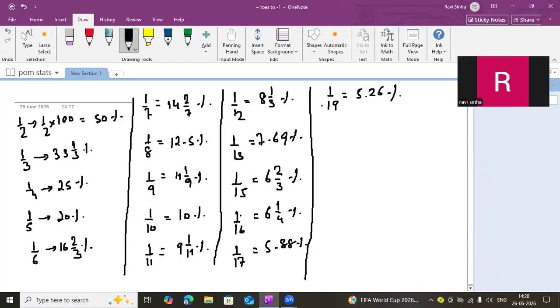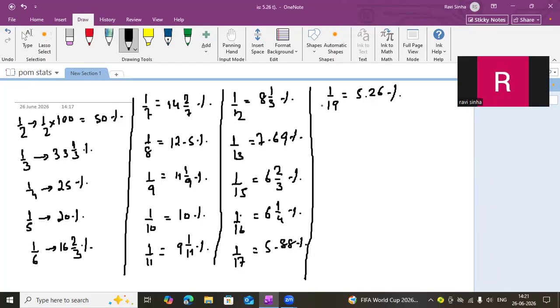So what we need to understand is we need to memorize these fractions converted into percentages. These are not many values, there are just 10 to 15 values which we need to memorize. And if you memorize these values, the other calculations will become very easy to do.